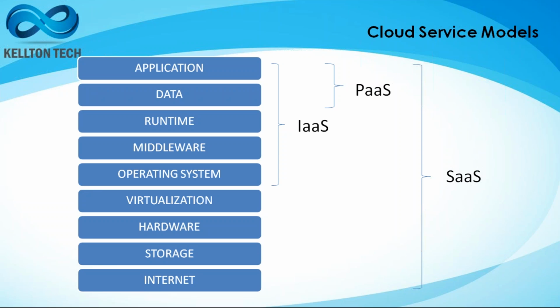You are not responsible for the connectivity, the storage, hardware, or virtualization of your service. If you are using platform as a service, a business will only be responsible for the data and application which you build and which you manage.